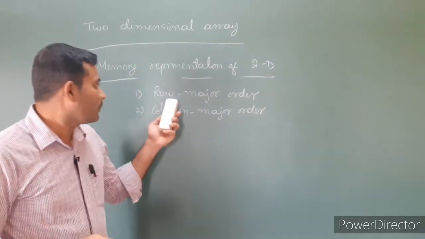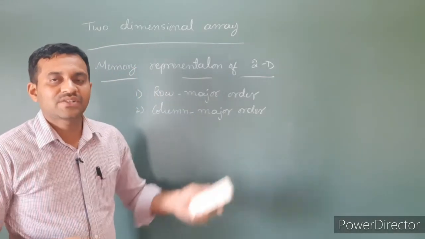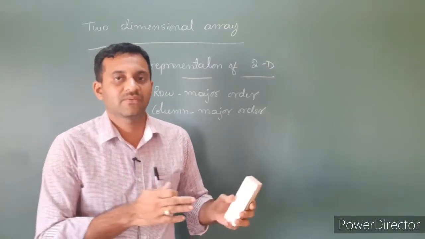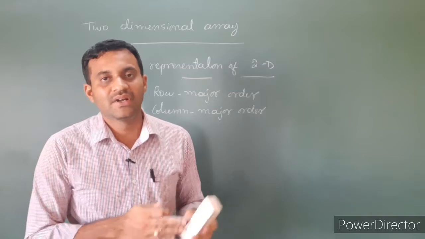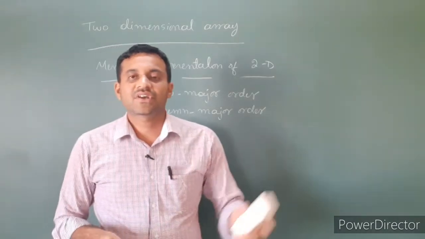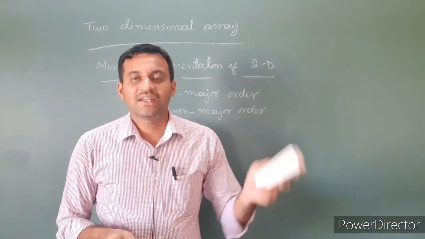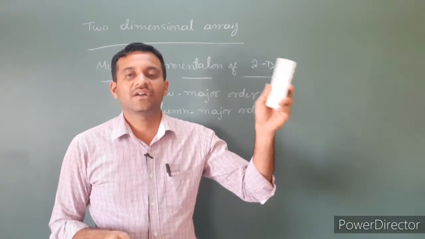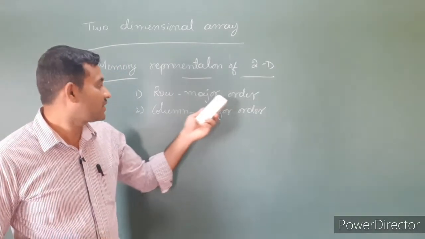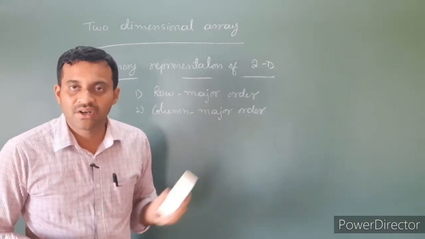In row major order, first the first row elements are filled, then second row elements, then third row elements, like this. In column major order, first column elements are filled first, then second column elements, then third column elements, and so on. So those are the two methods, row major order and column major order.